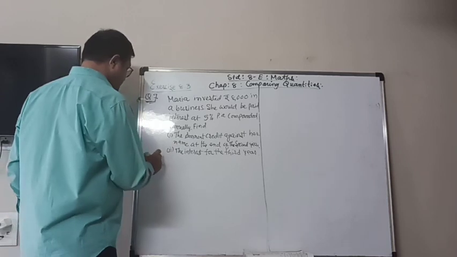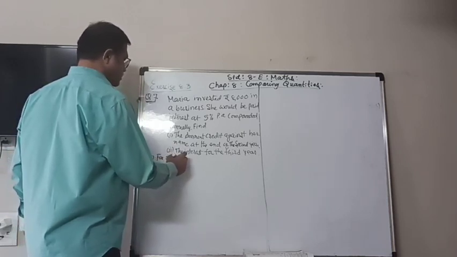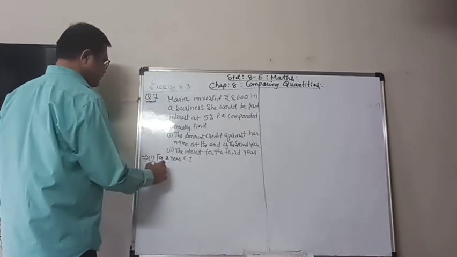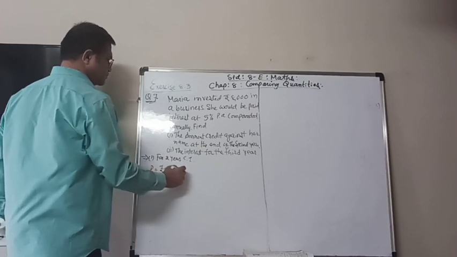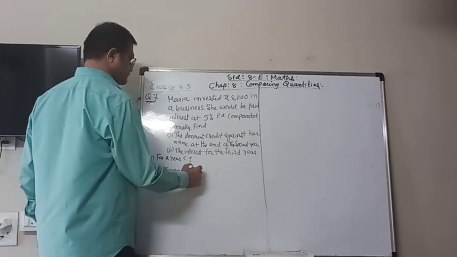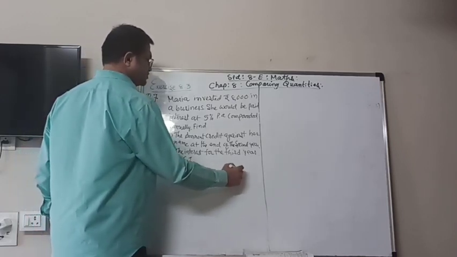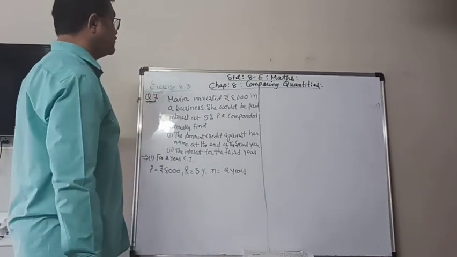So first of all, for 2 years compound interest, so P will be, we know, rupees 8,000. The rate of interest R is 5% and N is equal to 2 years, because at the end of the second year we have to find the amount.